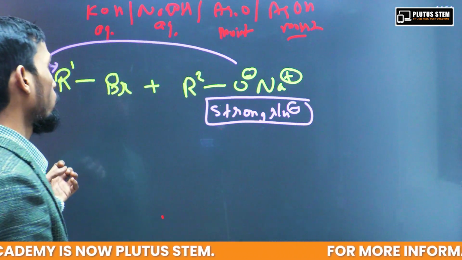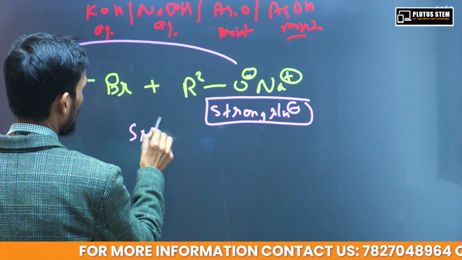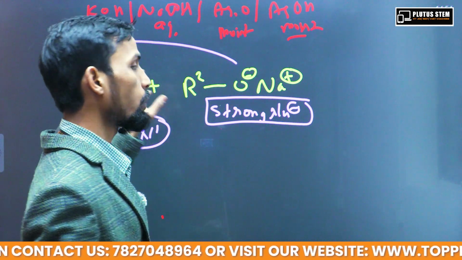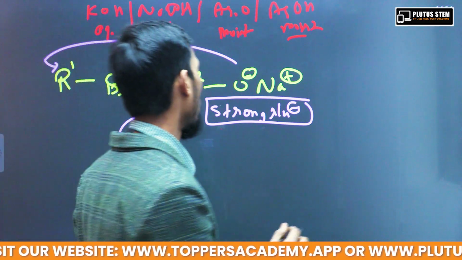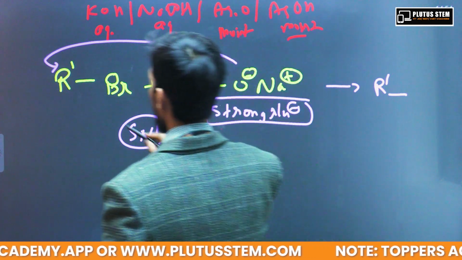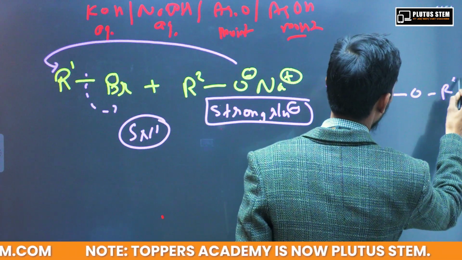The reaction will proceed through the SN2 mechanism. It will attack from the backside. A transition state is being formed over here, and we will get a product like this: R1, this will leave out from here, O and R2.